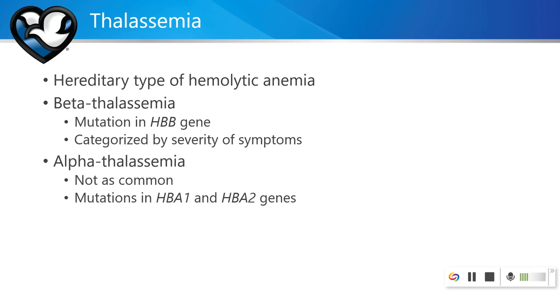Beta thalassemia is caused by a mutation in the HBB gene, and the most common mode of inheritance is autosomal recessive pattern. The HBB mutation can cause a complete absence or reduced amount of beta globin synthesis. Severity of beta thalassemia is determined by whether the mutation is heterozygous or homozygous.